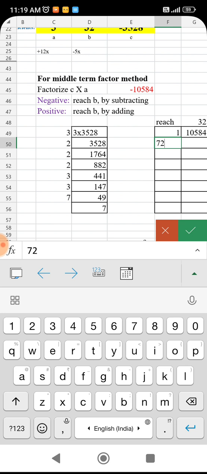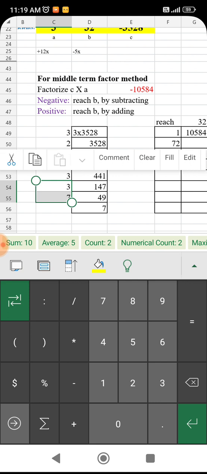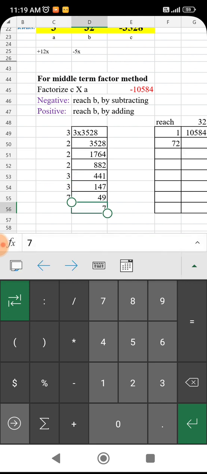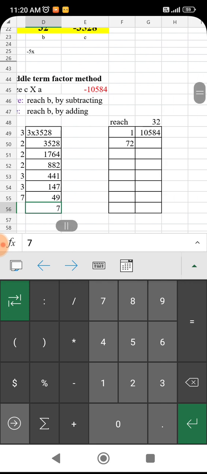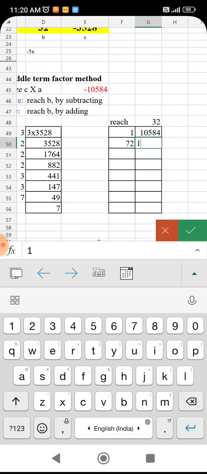Which are remaining? Remaining is this 3, 3 into 7 into 7. 7 into 7 means 49. 49 into 3 means 147.